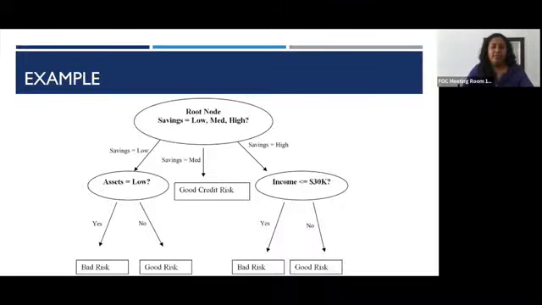What are the attributes you might have in this particular data set? You have three, isn't it? Savings is one. Other is? Assets and income. So you have savings, this attribute, right? Asset is another attribute, income is another attribute.